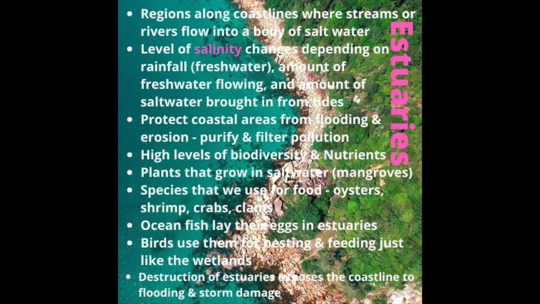The variety of plants that you find in an estuary is going to be determined based on the salinity of that estuary. You are going to be able to find mangroves, which were in your journal writing last week, because those are found in saltwater. Animal species that you find in estuaries are basically species that we as humans use for food.